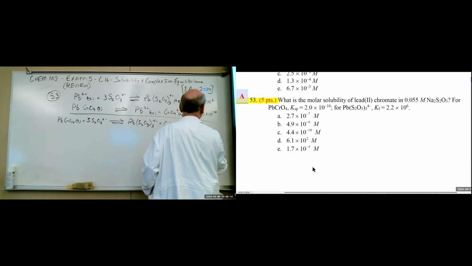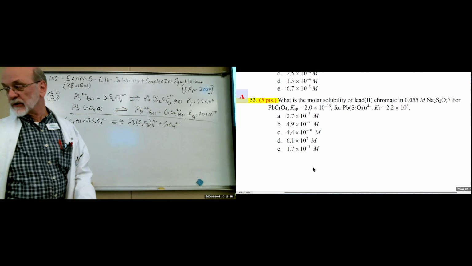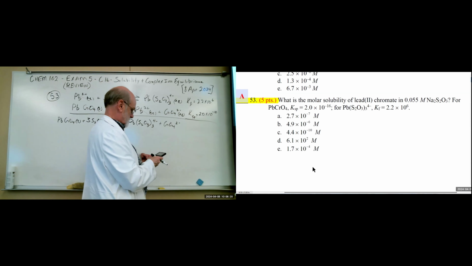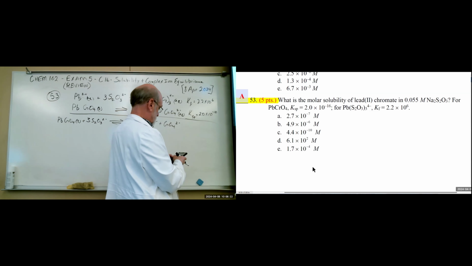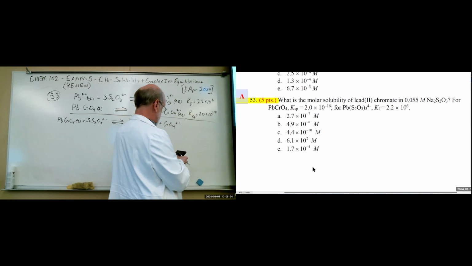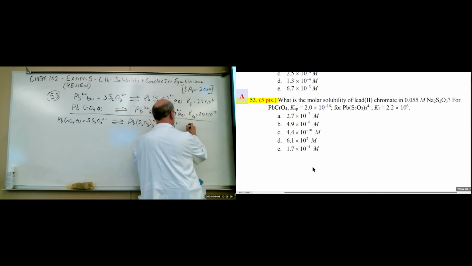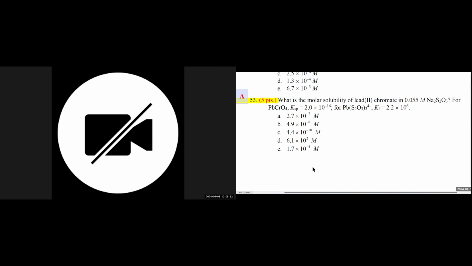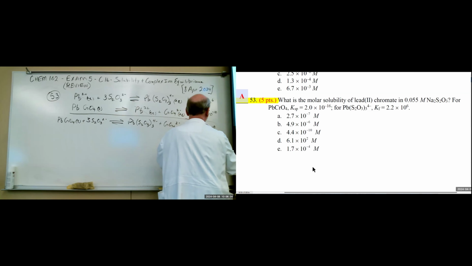Okay, so the K value is going to be those two multiplied, the product of those two Ks, which is 4.4 times 10 to the minus 10.